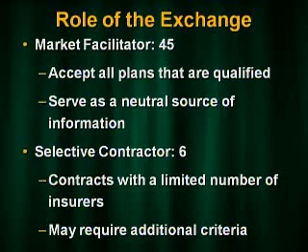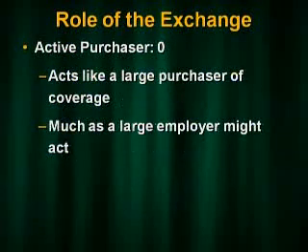The third approach is called an active purchaser. None of the states yet have done that, although states can migrate one direction or the other if they choose to, if they are state-based exchanges. An active purchaser is sort of like a large employer. What an exchange would do in that circumstance is say, we're going to negotiate with various carriers. So we're going to talk to United Healthcare, Humana, Aetna, Cigna, Blue Cross, and we're going to solicit bids from them, and we're going to take some of the offers and not all of them.